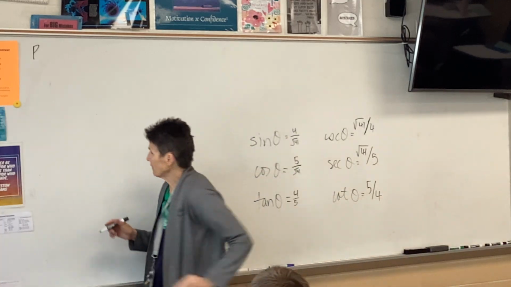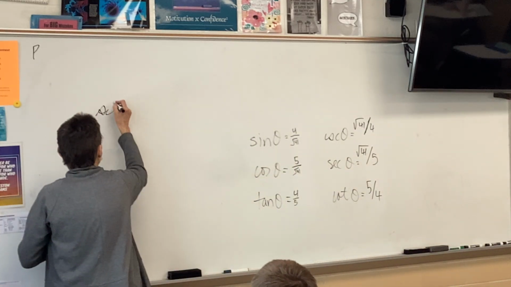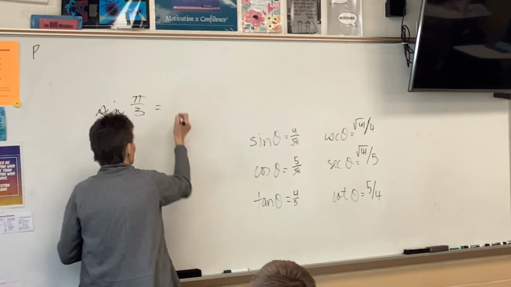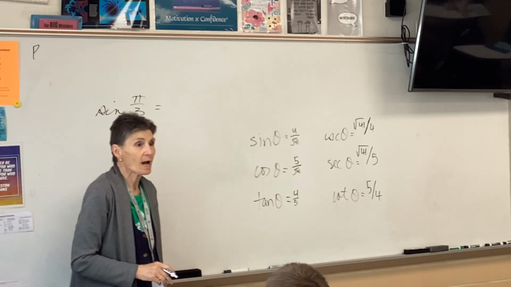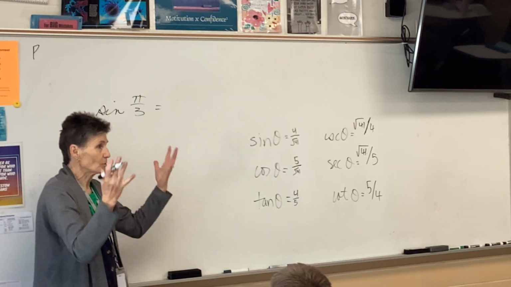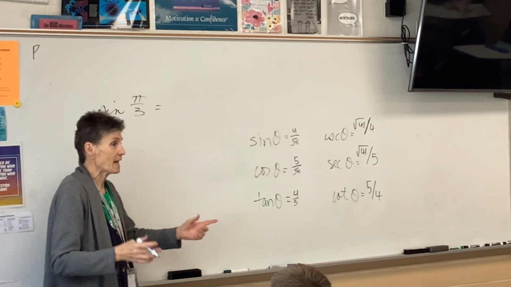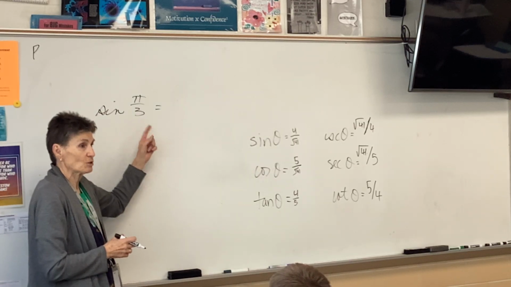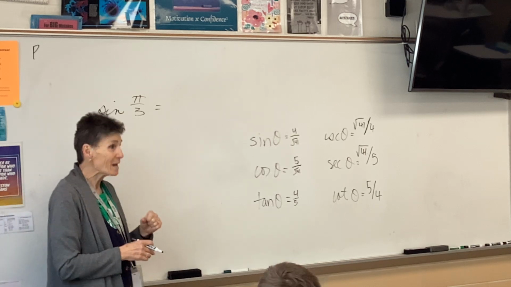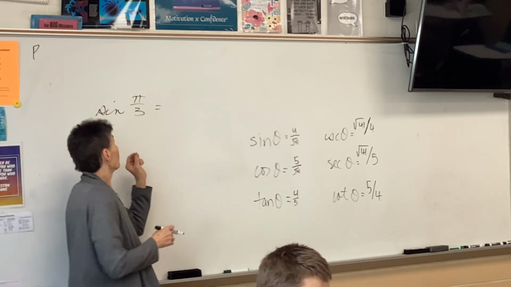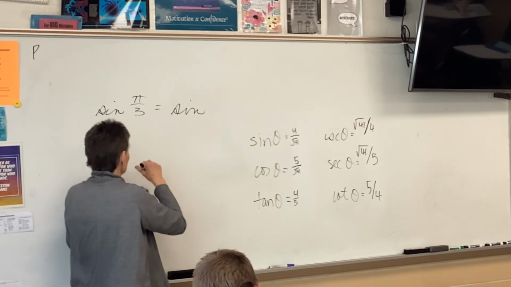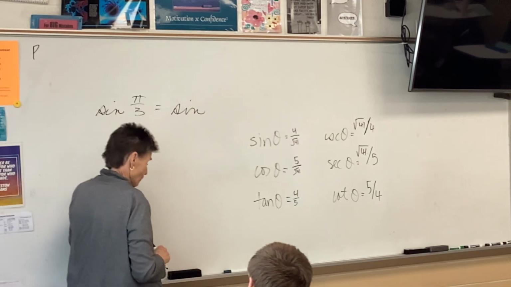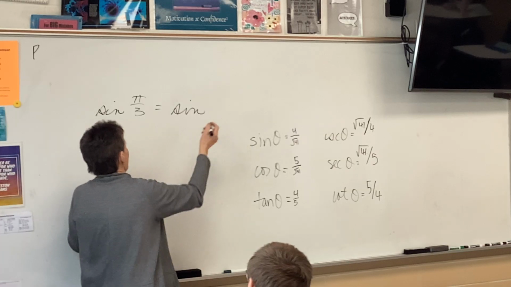So we're finding the sine of pi over 3. Yesterday may have been the very first time in your life you ever looked at a radian measure of an angle. This is radians. We had done degrees. What is pi over 3? Let's do it in degrees.